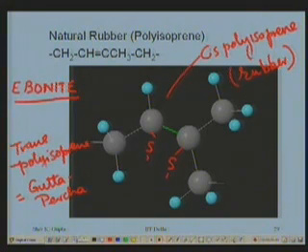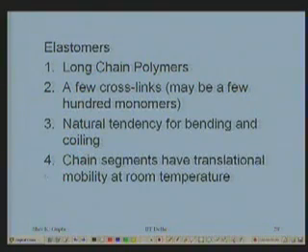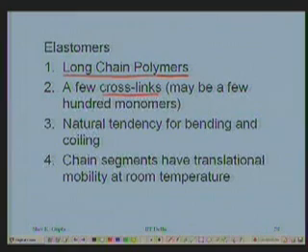If I go back to see, it is important that it is a long chain polymer. It is not a network polymer. These cross links are provided, as I showed, by vulcanization.